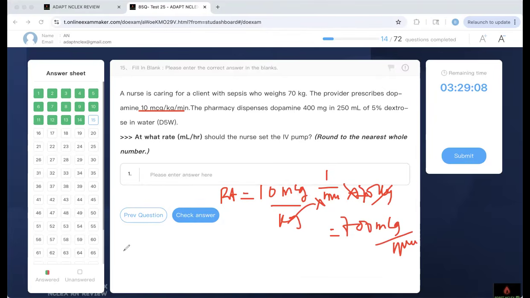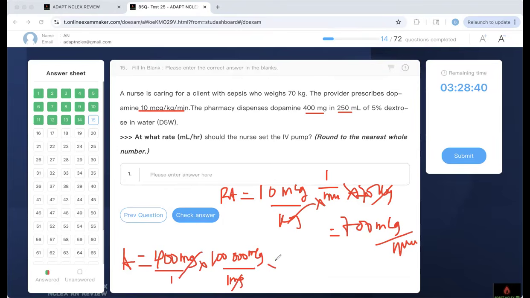What is the available dose? Available dose is 400 milligram of 250. Therefore, the 400, I have to turn into micrograms. So this over 1 times 1,000 microgram over 1 milligram. Therefore, this is gone.